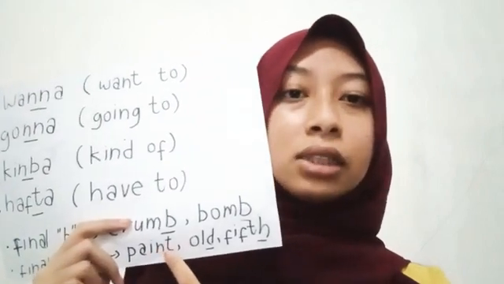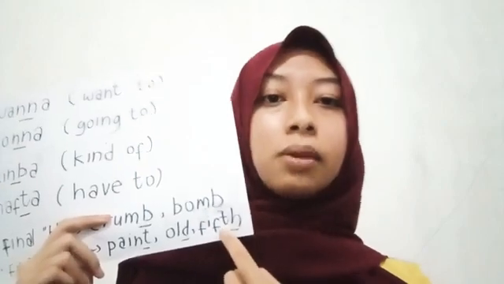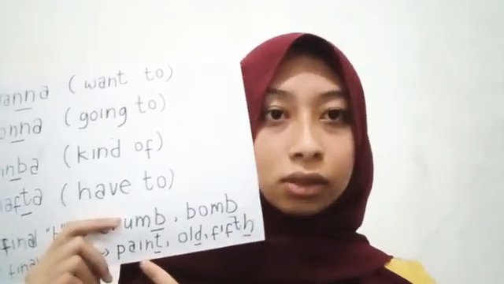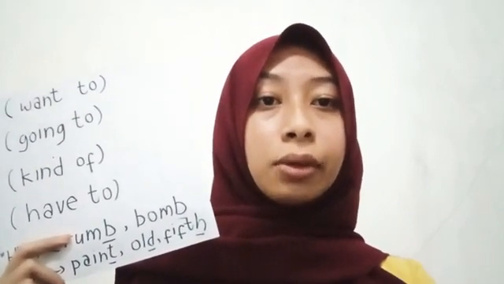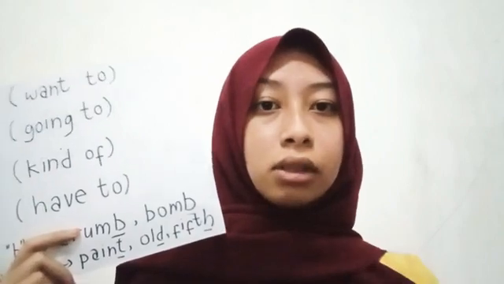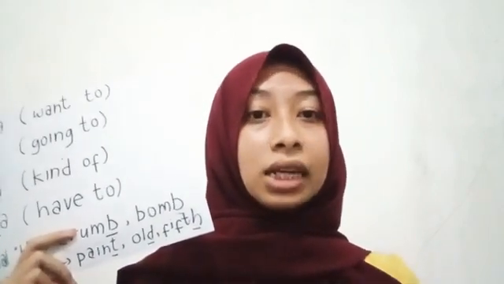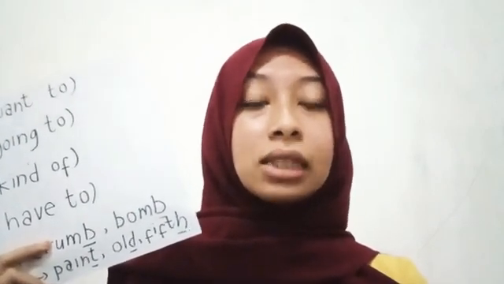The final sounds are the consonants T, D, and TH, but we can omit them in deletion, so we can pronounce paint as pain, oath as oat, and fifth as fif. It is normal for English speakers to say it like this.